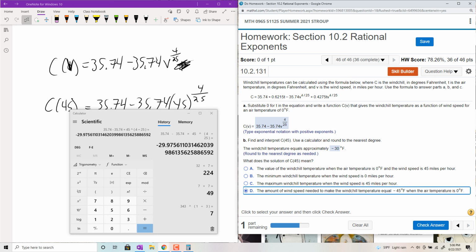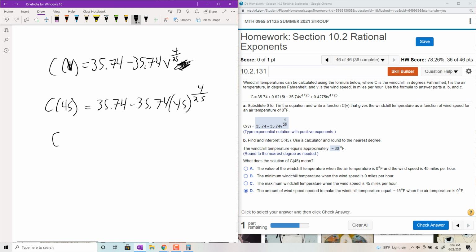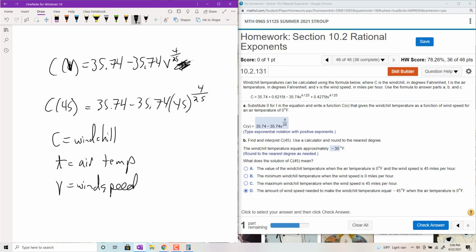So no. Let me read it again. Wind chill temperature can be calculated using the formula below, where C is the wind chill. Okay, so maybe I have to literally sit here and define all these variables. So C is wind chill. T is air temperature. V is wind speed. We presume that T was 0.